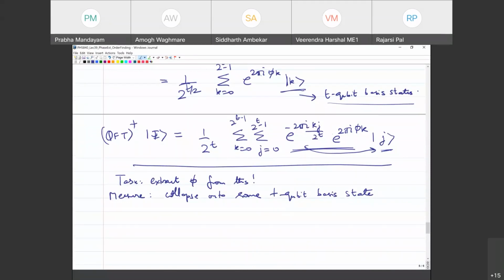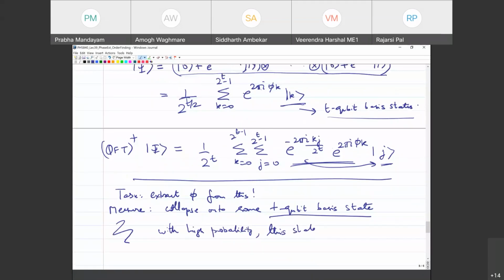But what the analysis tells you is that this t qubit basis state that your measurement will collapse to, with high probability, is close to phi.